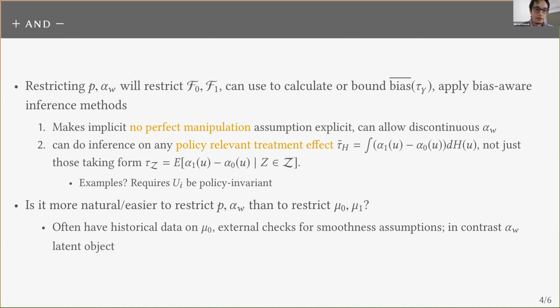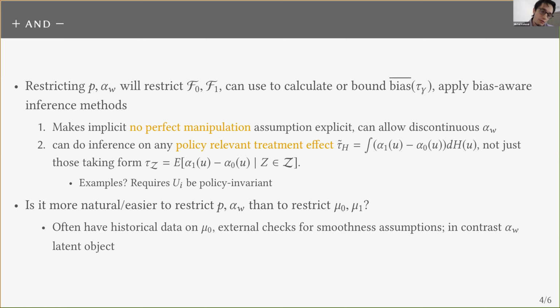So existing approaches don't actually require you to focus on the case where this set script Z is just the cutoff itself. But in their case, they don't have to restrict their attention to treatment effects of this form. They could also look at other types of average treatment effects.